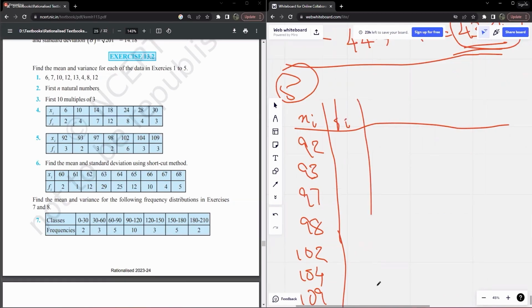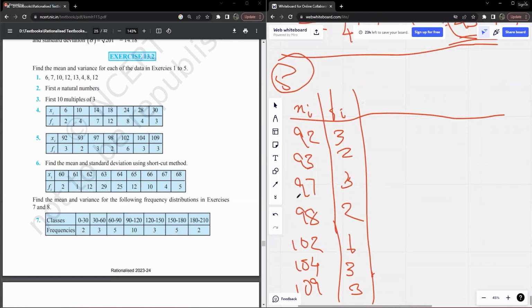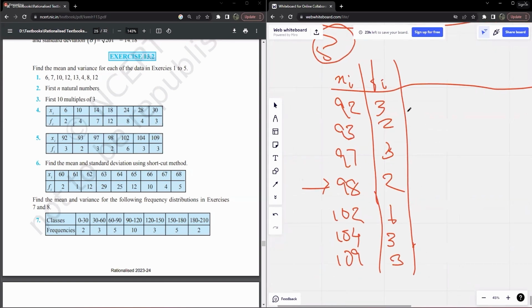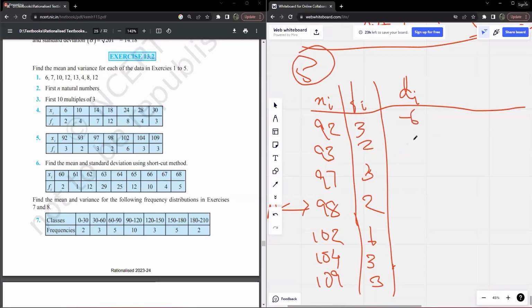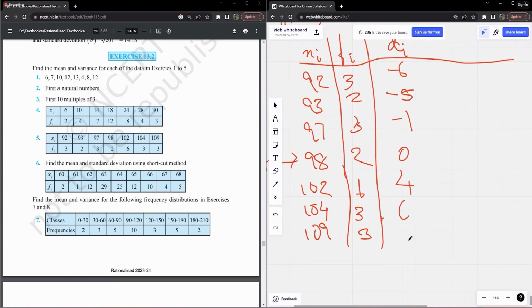And the fi's being similarly 3, 2, 3, 2, 6, 3, and 3. Right? Using a similar tactic, let this be the assumed mean A. That means that di's are basically minus 6, minus 5, minus 1, 0, plus 4, plus 6, and plus 11.